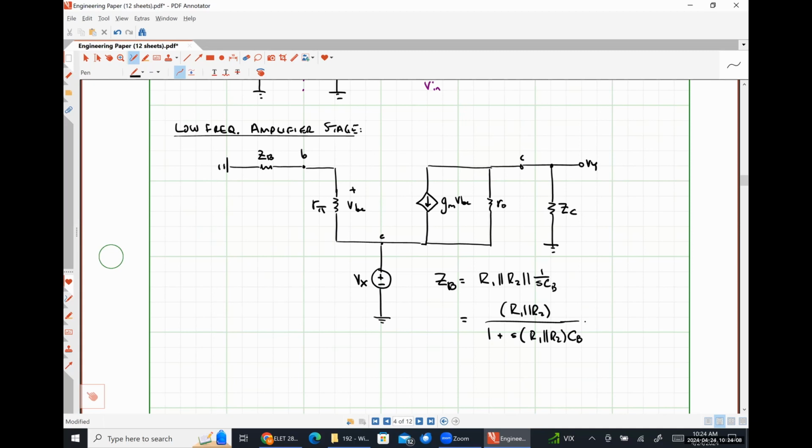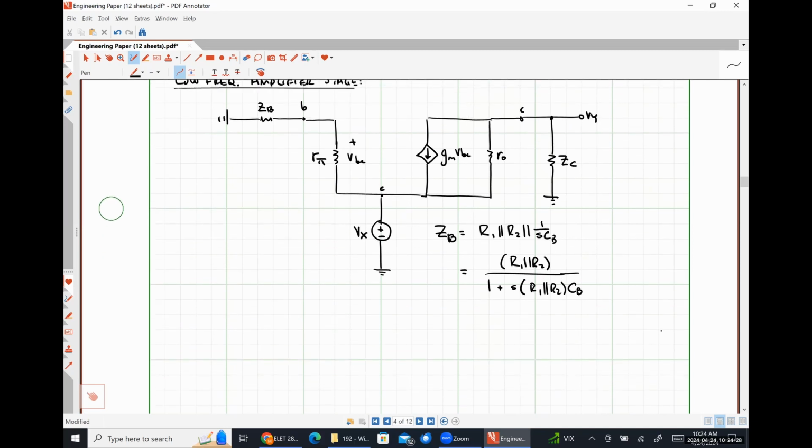So are we all okay with that representation of ZB? Are we all okay with me saying it's the impedance of resistor R1 in parallel with R2 in parallel with the impedance of that capacitor? I just wanted to make sure we're all on the same page.